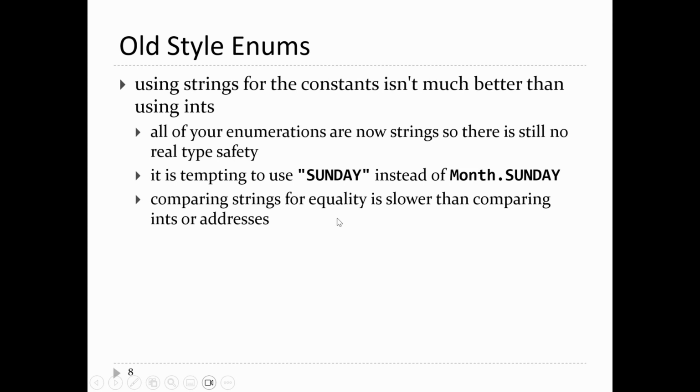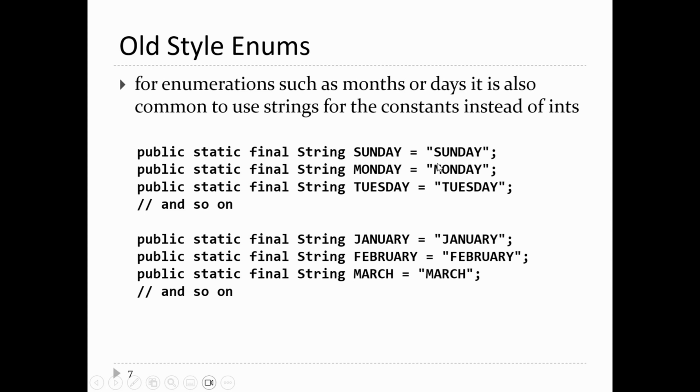There's another problem which a lot of programmers often overlook, especially in modern times, because computers are so fast now. If you want to compare two strings for equality, that's not a fast operation. If I wanted to compare two strings representing days, potentially you have to look at every character in the string to determine if they're equal.